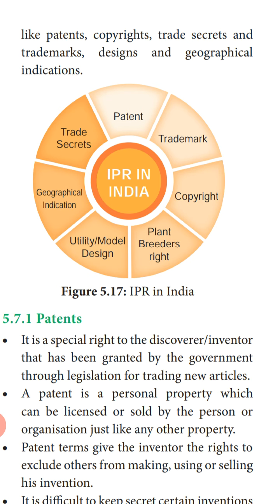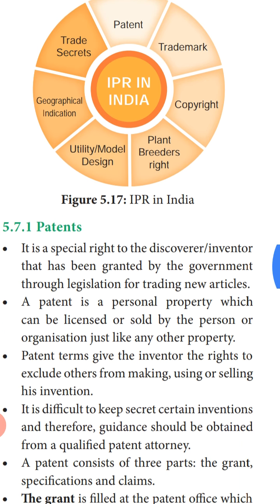Then geographical indications, that is, the geographical areas where it can be used, and trade secrets. These are all the rights protected as intellectual property rights in India. So in detail we are going to study about the patents.